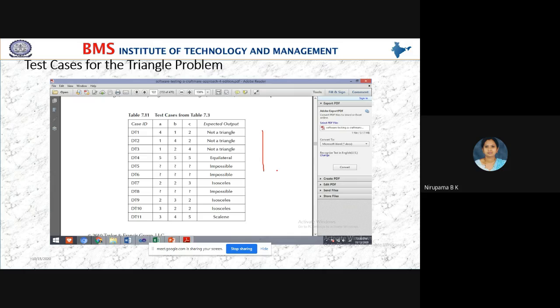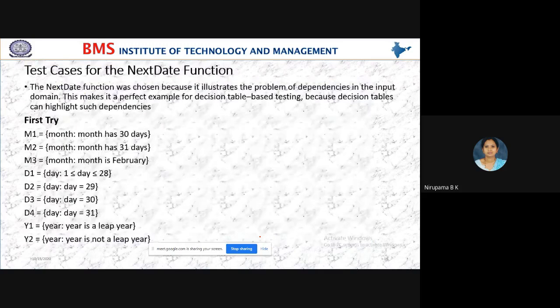A is 1. Is it making a triangle? No, it is not making a triangle. So that's why we call this a not a triangle.